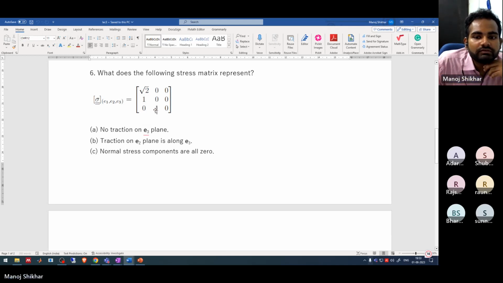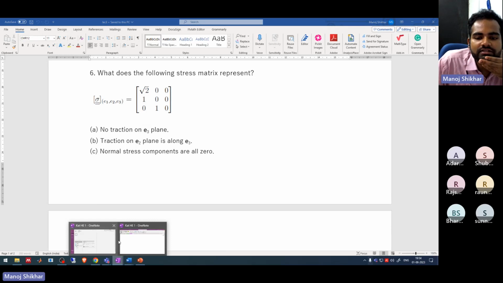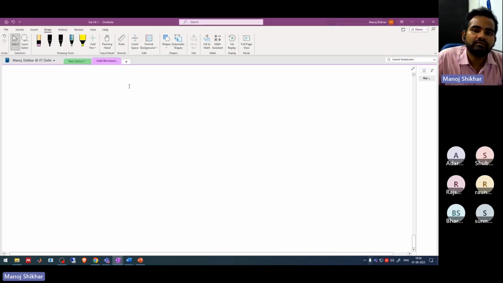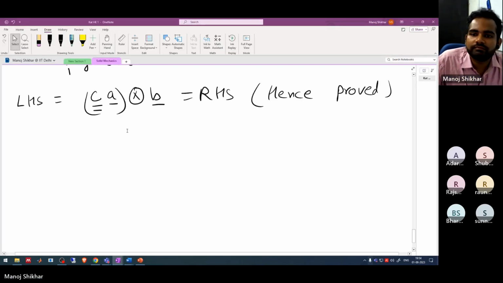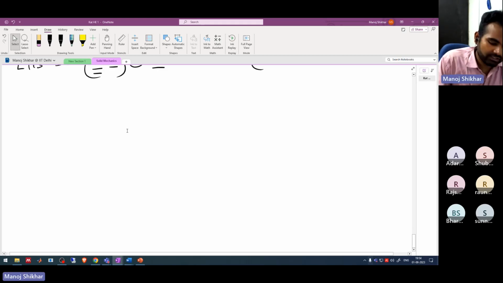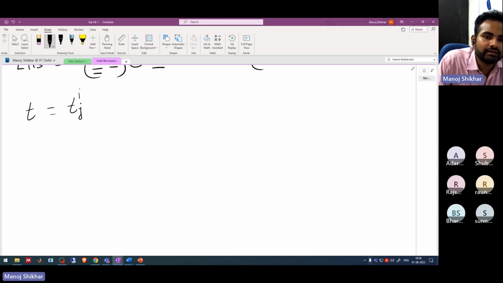Now let us check the second part, the traction on E2 plane is along E3. So what does a component of traction mean? Let us write here. We are writing T as T_ji.